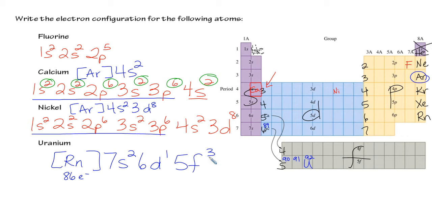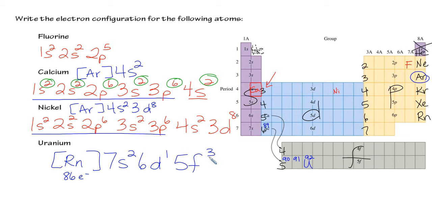It seems like if we fill one of the d orbitals with just one electron, it somehow kind of stabilizes the d orbitals. So that's why you'll notice there's one electron that's up in the d block, and then we go back down to the f block.